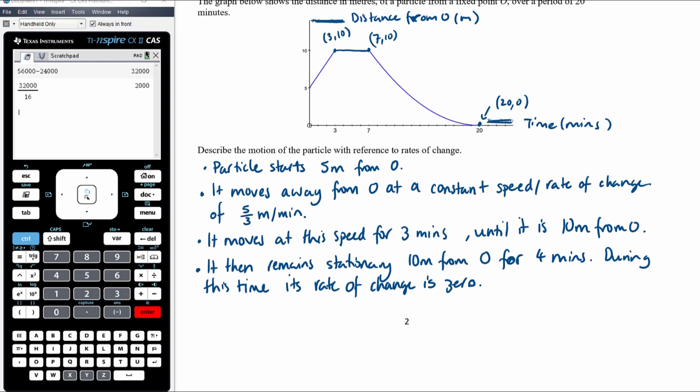Okay, so what are we saying here? So it then remains stationary 10 meters from O for 4 minutes. During this time, its rate of change is 0.